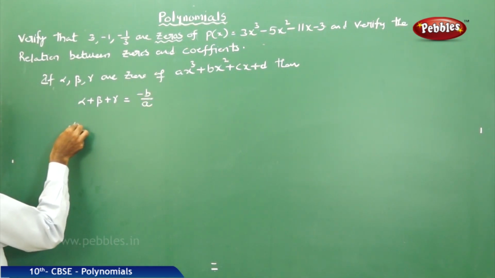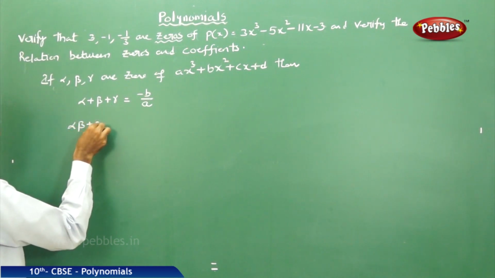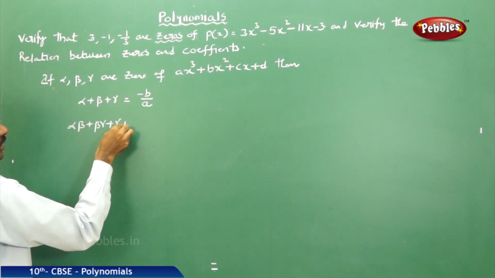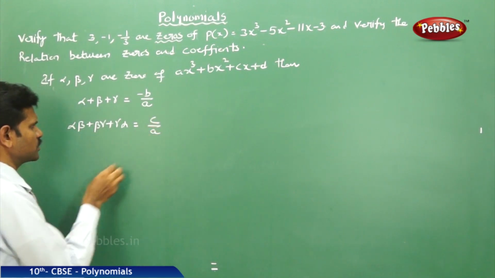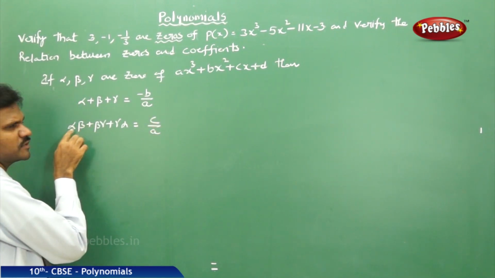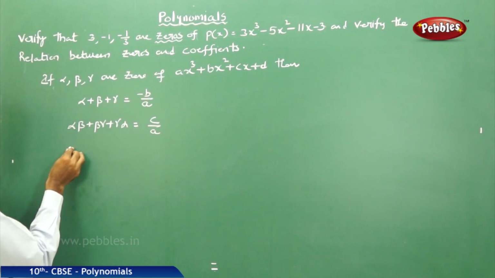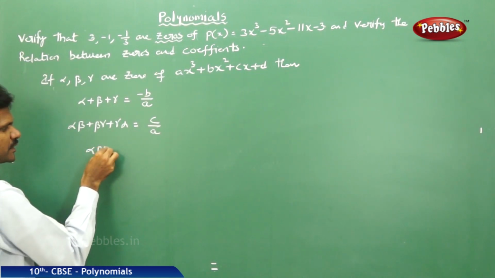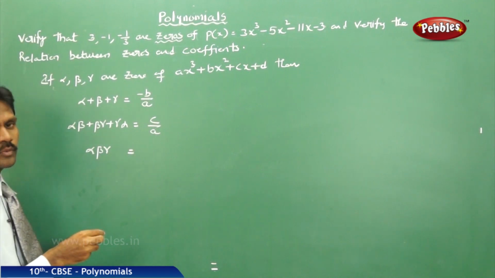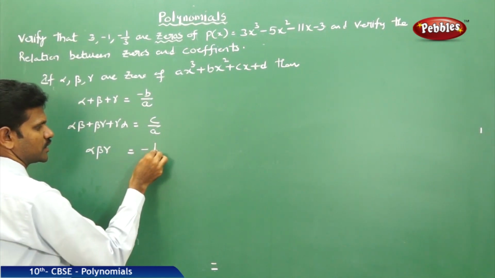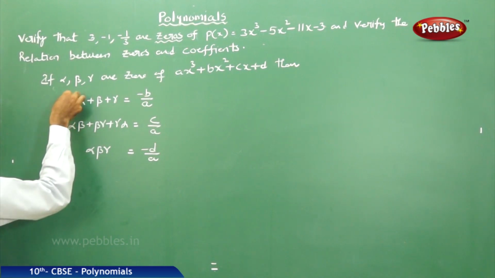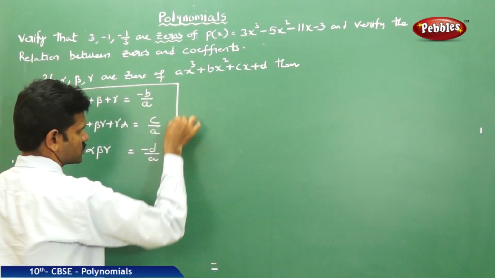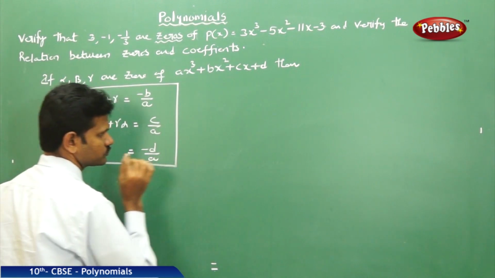Next, alpha beta plus beta gamma plus gamma alpha is equal to c by a, which is nothing but sum of the products. Next, third option, alpha beta gamma, which is called the product of the zeros, which is nothing but minus d by a. Now let us keep in mind these three conditions before solving this question.